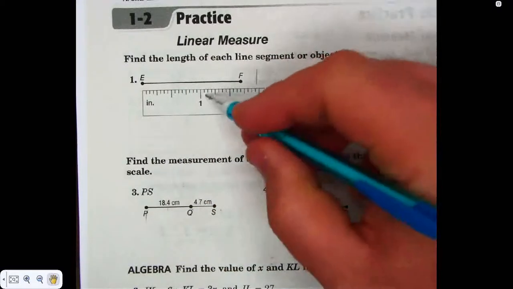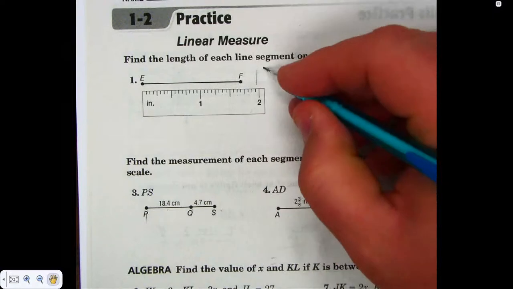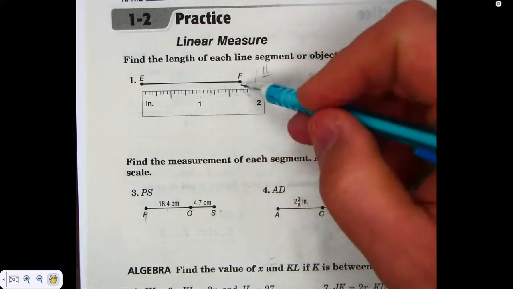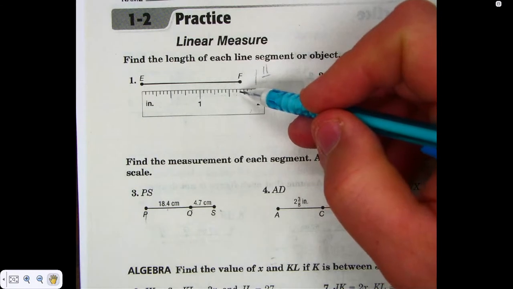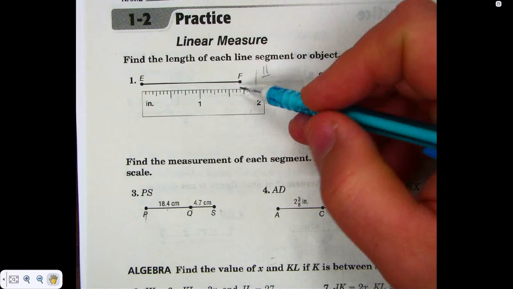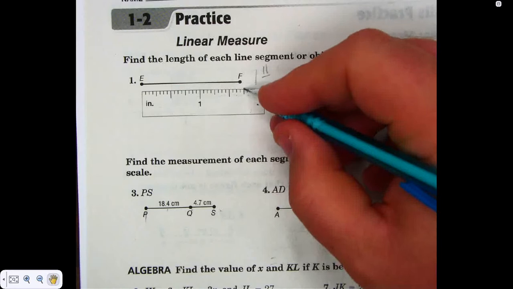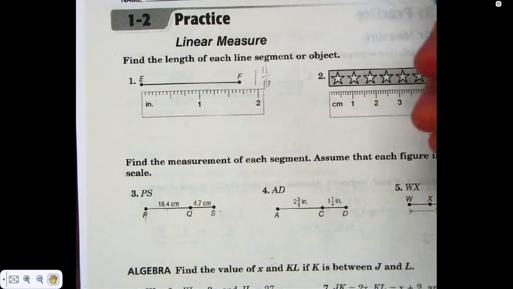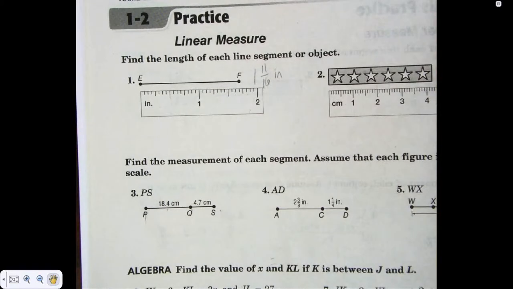So it would be 1 and what? 1, 2, 3, 4, 5, 6, 7, 8, 9, 10, 11, but it's not base 10, so I have to use a fraction here, don't I? 11 out of how many total marks are there? 12, 13, 14, 15, 16 total marks. Now, what do I need to put on the end of this? Inches, correct?